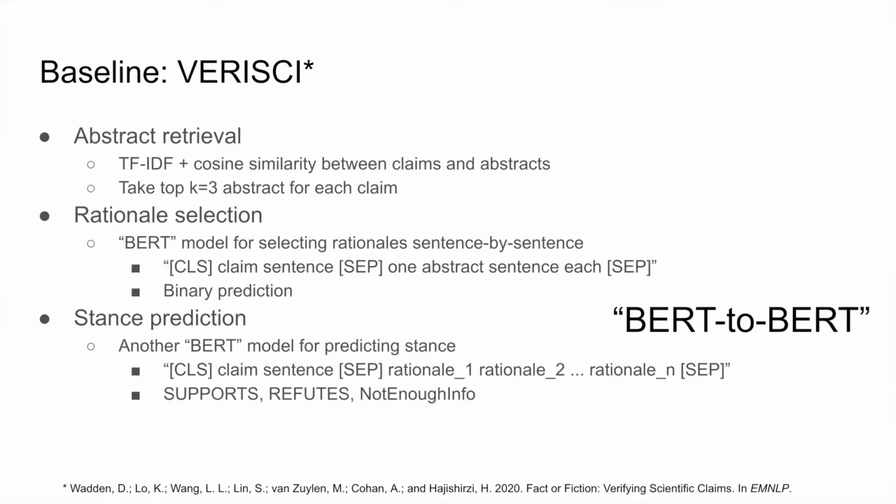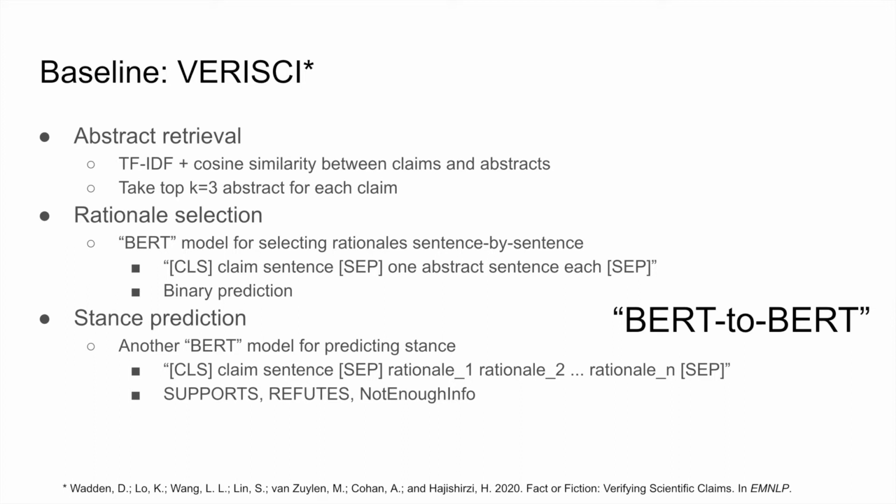The authors of SciFact also proposed a baseline solution called VeriSci. They took the standard 3 steps of fact verification. For the abstract retrieval, they retrieved the top 3 similar abstracts for each claim in TF-IDF vector space with cosine similarity. For rationale selection and stance prediction, they adopt the BERT-to-BERT strategy.